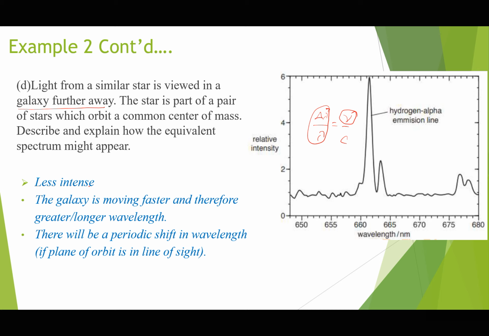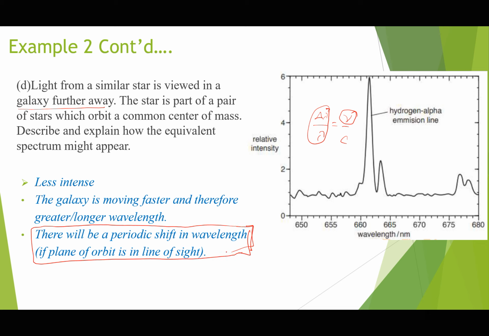It might be less intense because the galaxy is moving faster, and therefore the spectral lines have a greater, longer wavelength. There will be a periodic shift in wavelength if the plane of orbit is in the line of sight. Of course I'll leave out this one because it is more advanced. It is for only those doing OCR who will understand this.